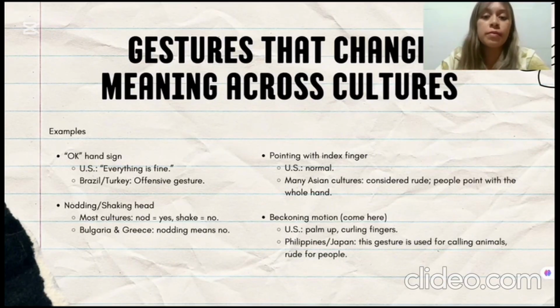Another one is nodding, which means yes in many countries or cultures, but in Bulgaria or Greece it actually means no. Another one is pointing with one finger, which is normal in the US but considered rude in many Asian cultures. These differences show how our body language can easily cause misunderstandings around the world.